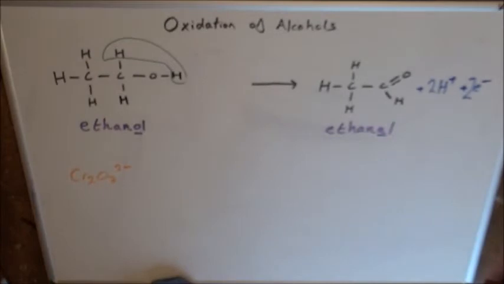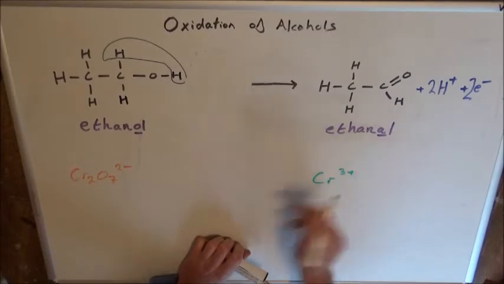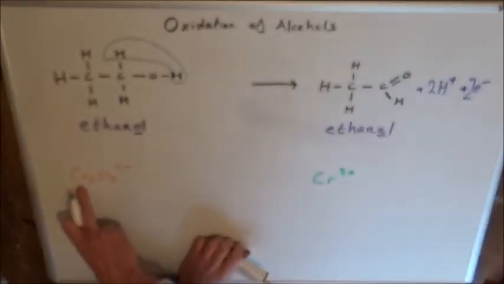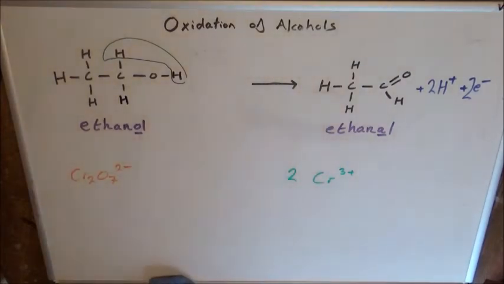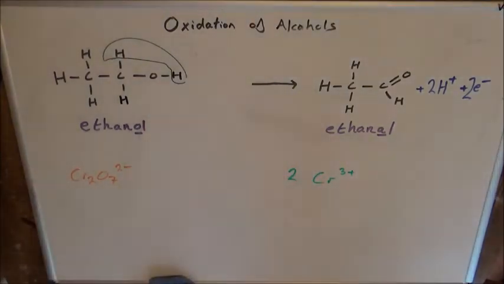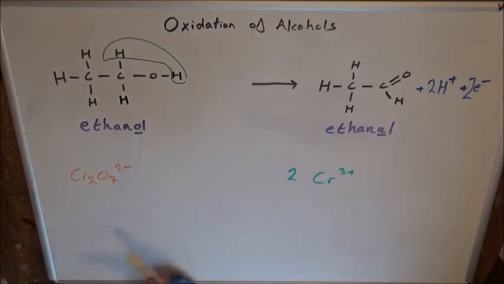You just have to learn that that gets reduced to the chromium 3+ ion, Cr3+. And because there are 2 chromium atoms in the dichromate(VI) ion, you make 2 of the chromium 3+ ions. And you also need to remember the colour changes. They often ask you in the exam questions, what would you observe? And you'd observe the colour changing from orange to green.